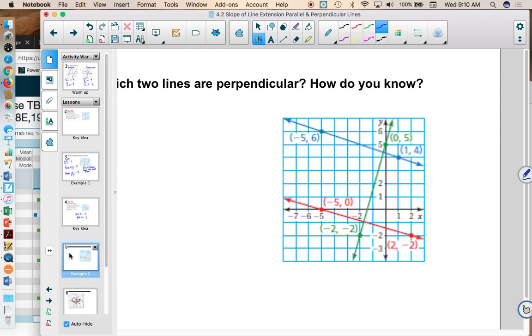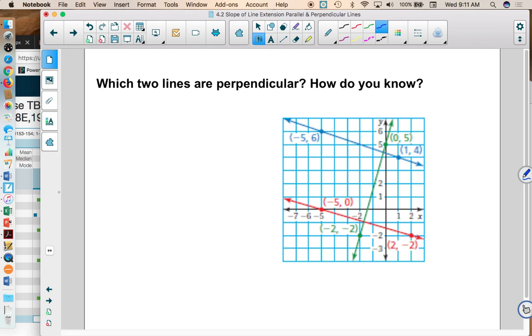Let's find out. Find the slopes of all three lines and then determine which two are perpendicular. Again, it may appear to be perpendicular, but if those lines do not cross at a right angle, they're not. So you've got to calculate, do the math.